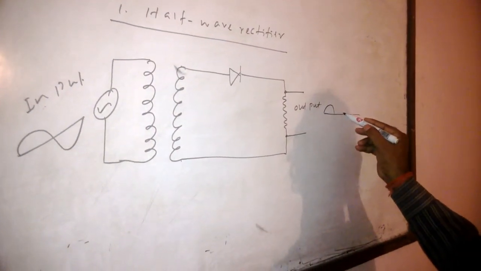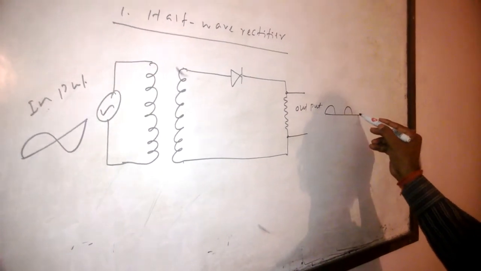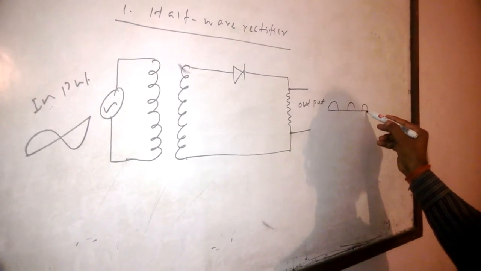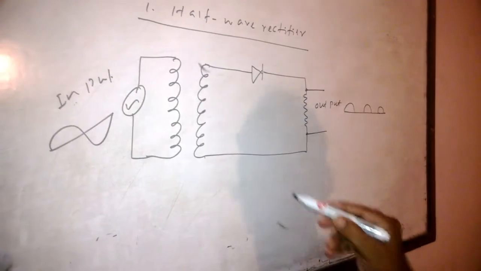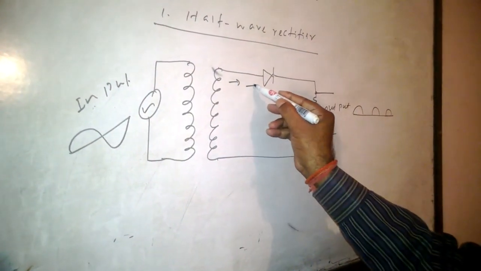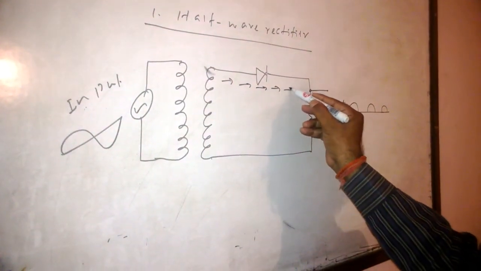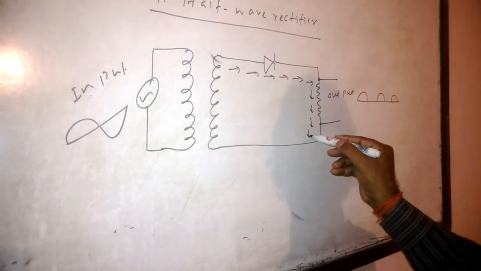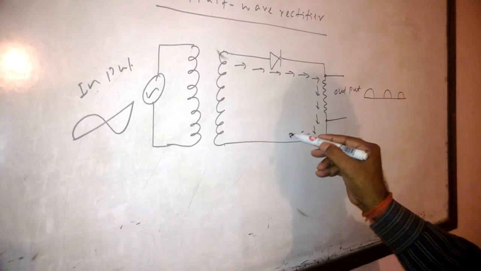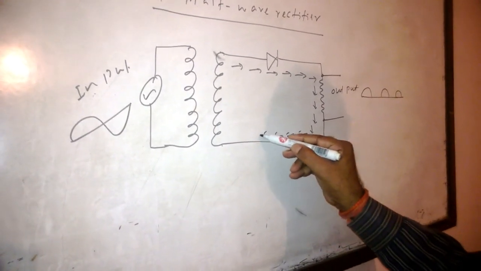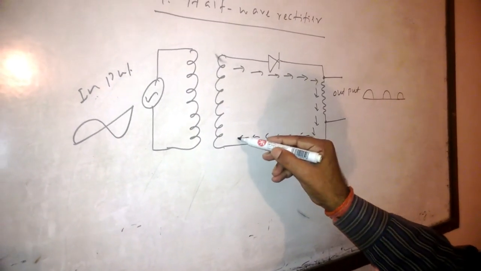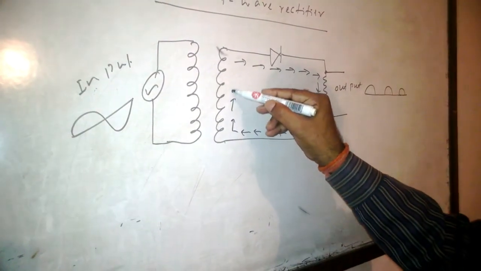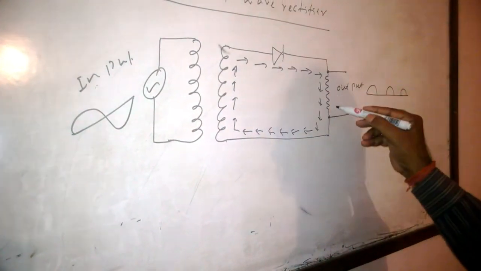After rectification, the irregular and pulsating DC is obtained. The direction of conventional current is indicated by the dotted arrow in the figure. The output is obtained always across the load resistance RL.